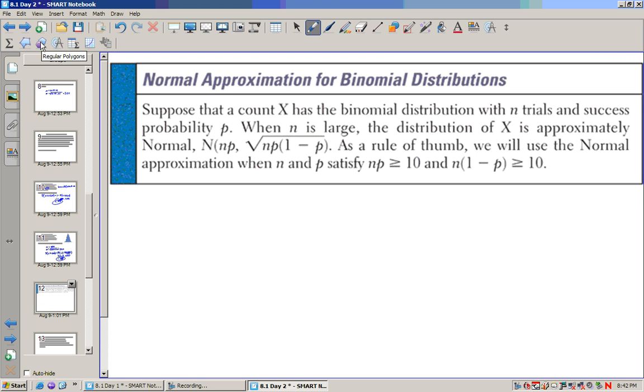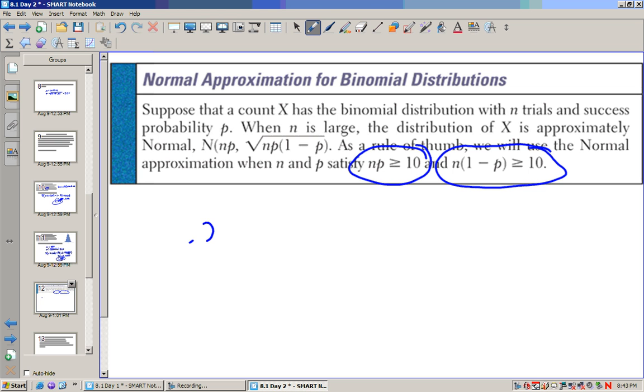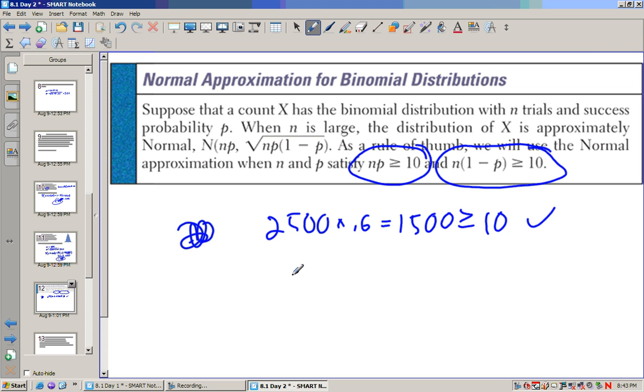So we can use normal approximations when np is greater than 10 and n times 1 minus p is greater than 10. In our previous situation, we could use it because 2,500 times 0.6 is equal to 1,500, which is greater than 10 easily, and 2,500 times 0.4 is 1,000, which is greater than 10.